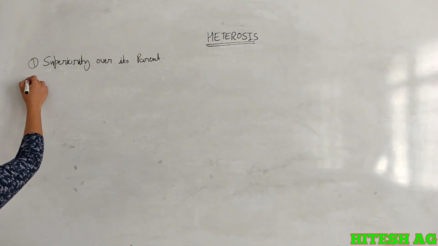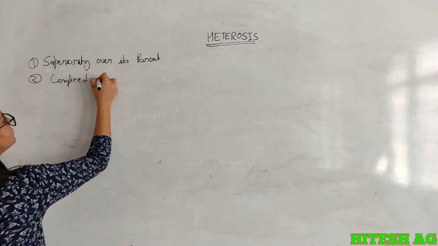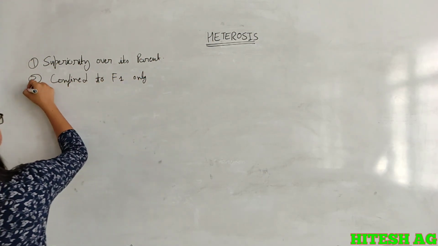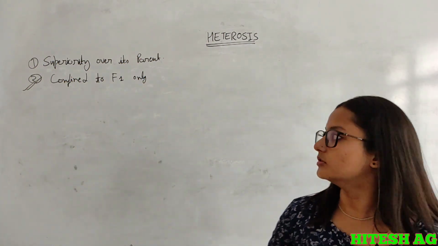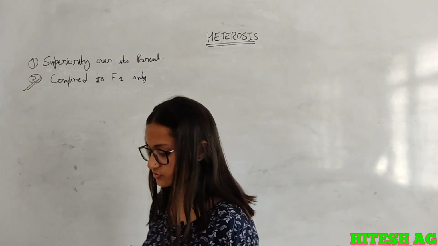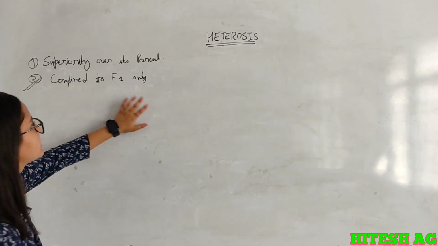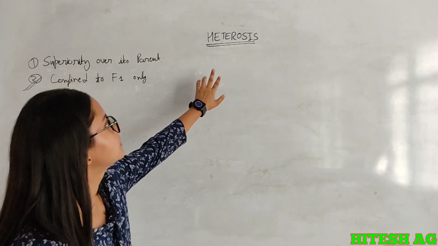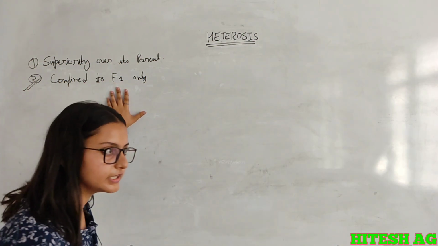Alright. Second one is confined to F1 only. This is a very important feature of heterosis, and it gets asked more often in most of the exams. What does it mean? Confined to F1 only. So basically this phenomenon, heterosis, you can utilize in F1 generation only.